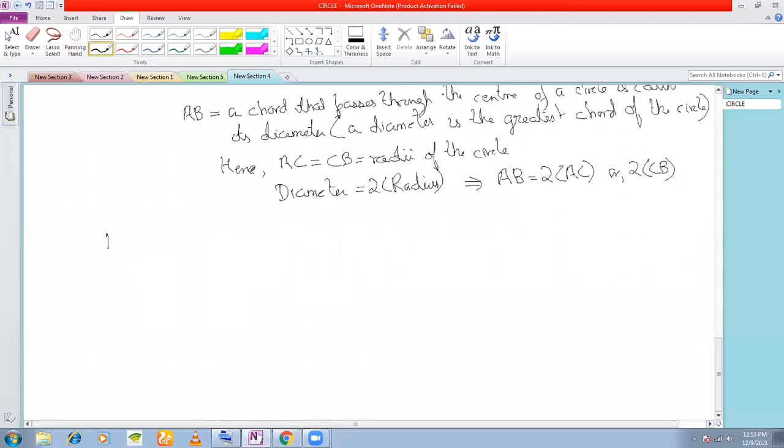Next, we come to again a very important definition, which is called the arc of a circle. Any continuous part of a circle is called an arc.